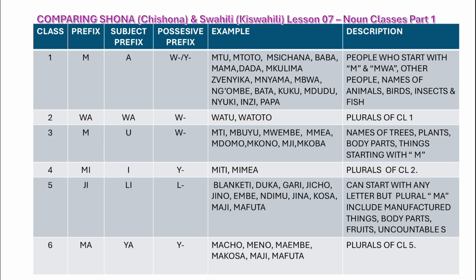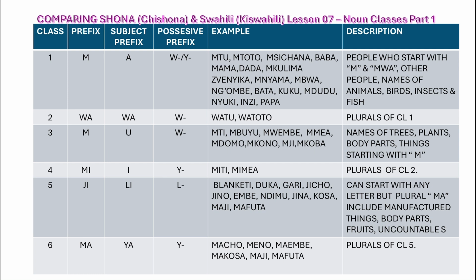Gari is motor car. Body parts. Jicho is eye. Jino is tooth. Fruits. Embe is mango. Ndimu is lemon. Jina is name. Kosa is mistake. And uncountables like maji, water, mafuta, oil, various types of oil.